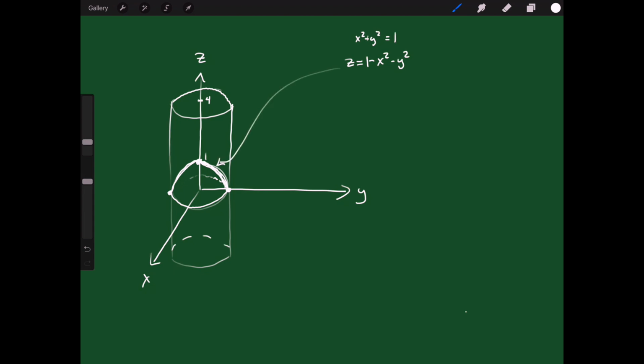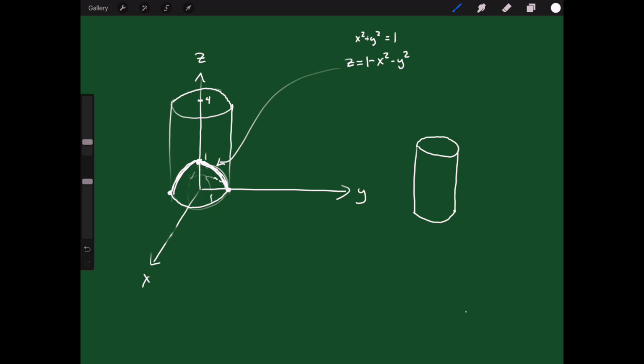So what is it that I'm trying to find? I'm trying to integrate over this region that's trapped inside this cylinder, but above this paraboloid right here. If I look at this shape, it's a cylinder that's 4 high. This part down here could just go. That part is not needed.